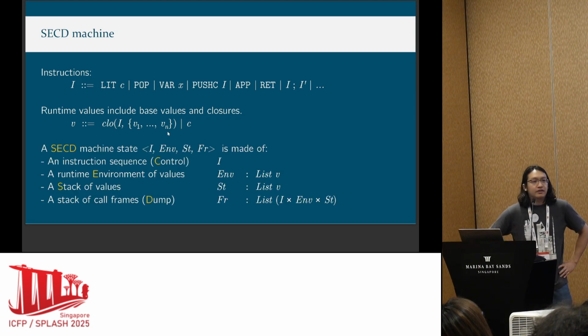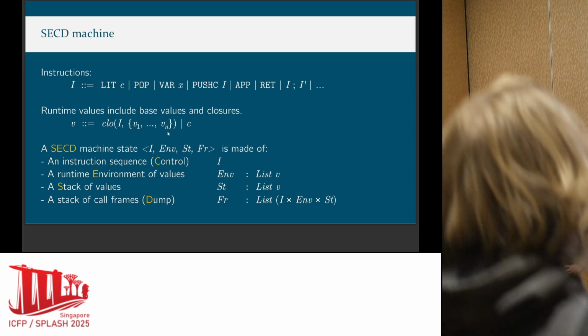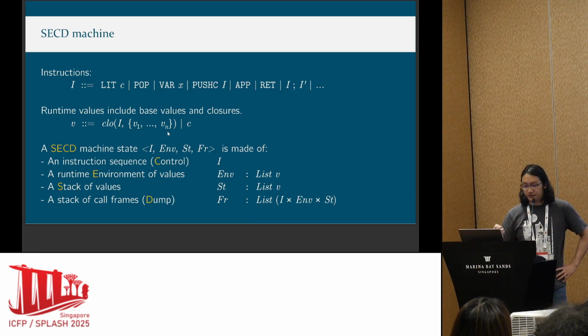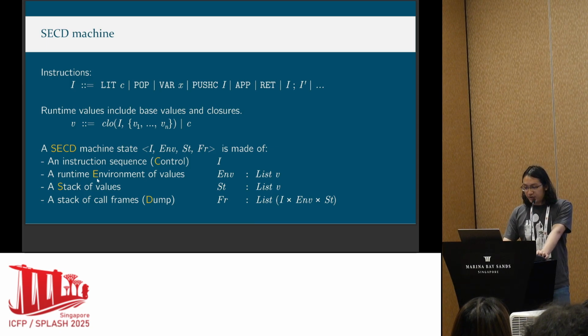The name SECD machine is a very old name from a paper by Landin, I think, and it stands for the four basic components of the machine. The C here is the control, which is the rest of the instructions I will execute. The E here is a runtime environment, which this var would copy from. This S is a stack of intermediate computations, and this D stands for dump.